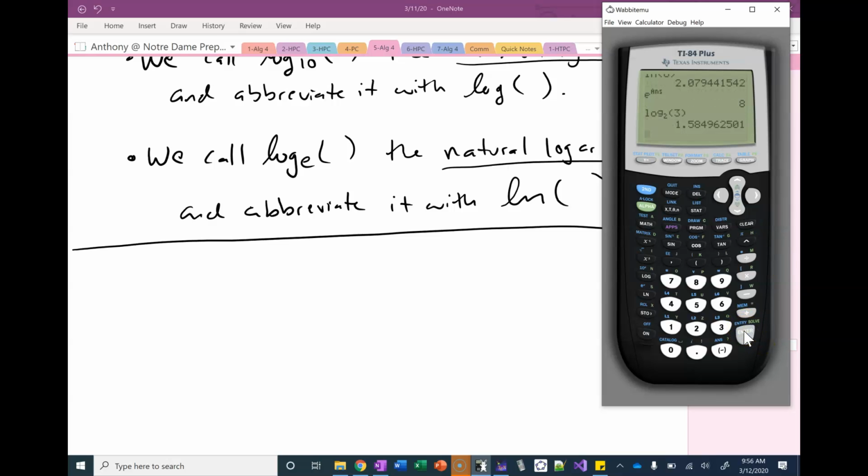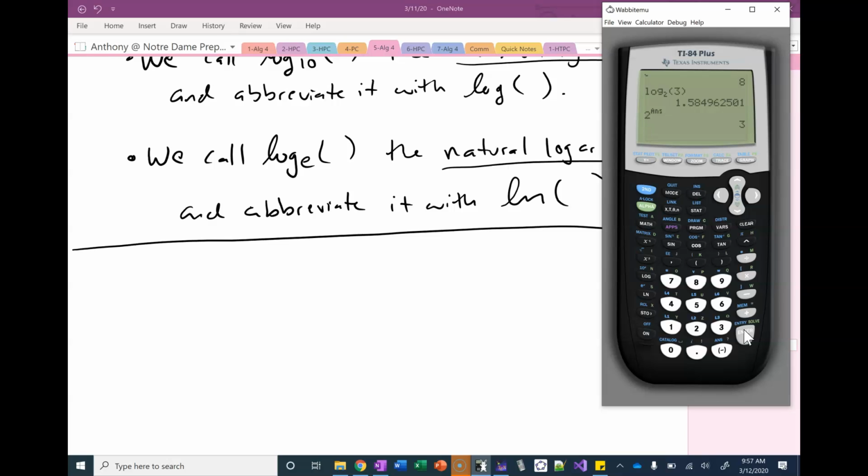What does this number represent? This is the power of 2 that is equal to 3. So if I do 2 to that, using this previous result, and evaluate, I get 3.